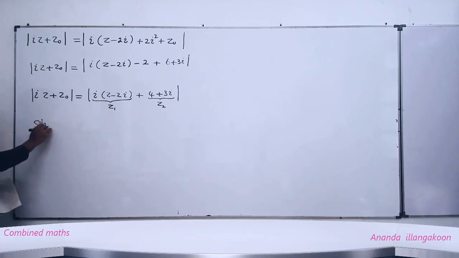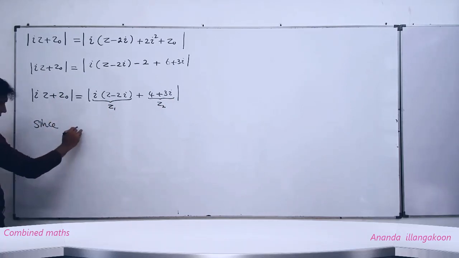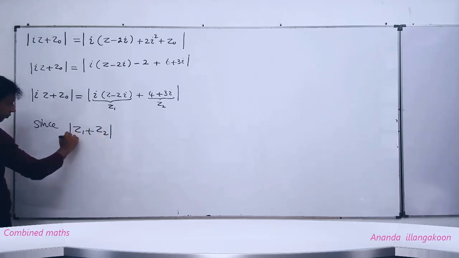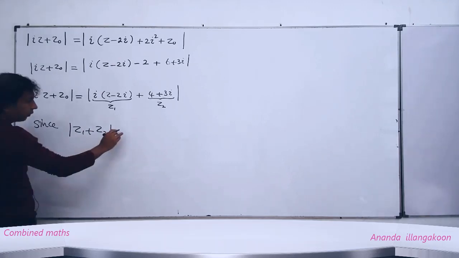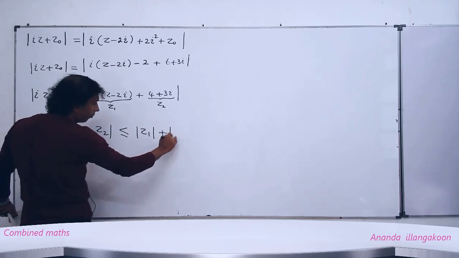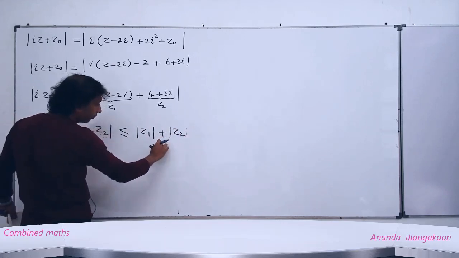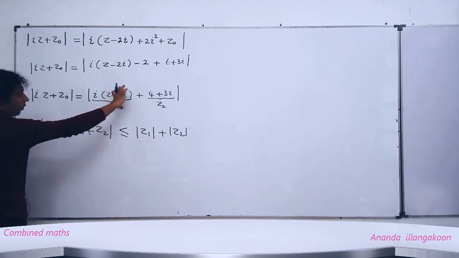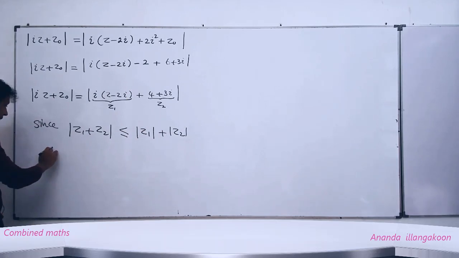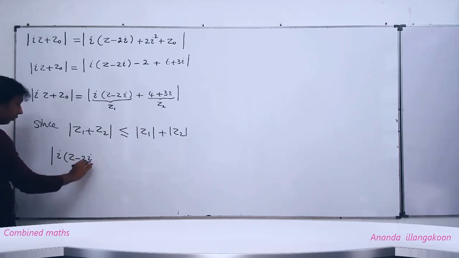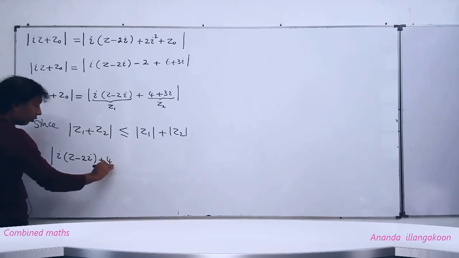You can now write, since modulus of z1 plus z2 is less than or equal to mod z1 plus mod z2, we can apply this. I am going to write here modulus of i times (z − 2i) plus 4 plus 3i.